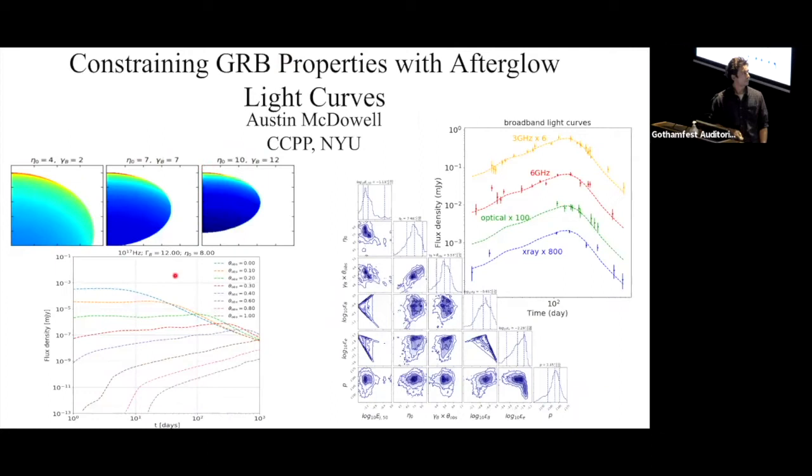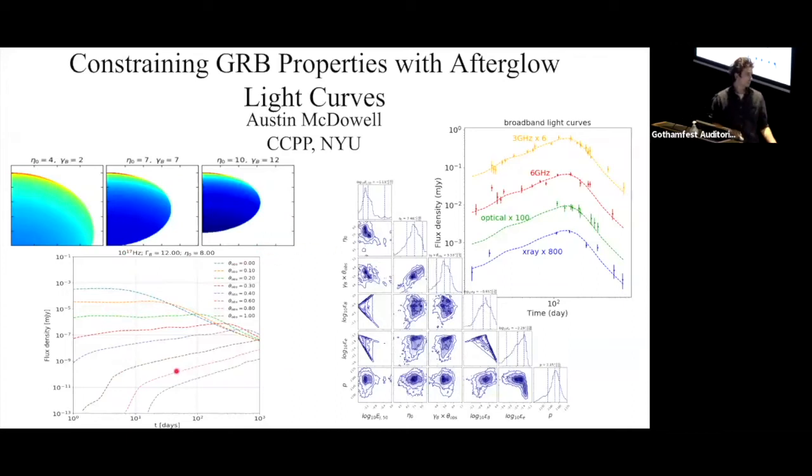After we run these simulations, we calculate the synchrotron radiation that you would expect to see from them, and we create a very large table of spectral values that allow us to generate any arbitrary light curve for any model parameters that we want.